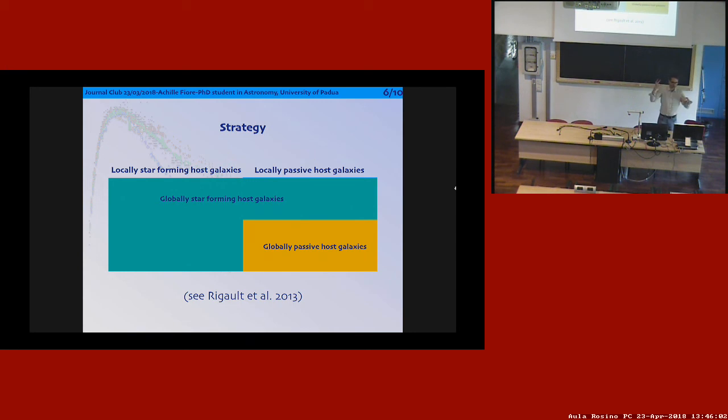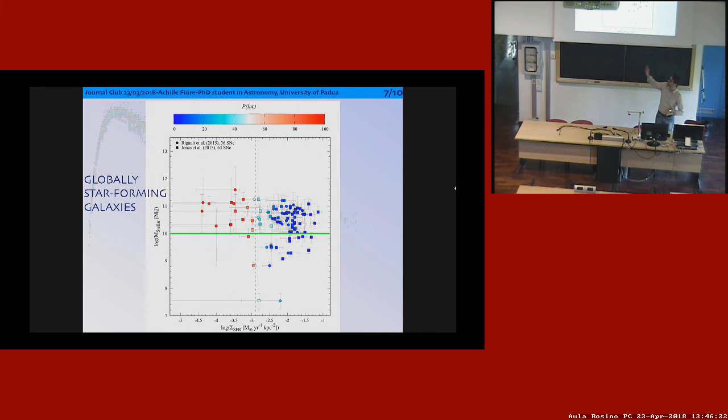And so a third parameter may allow us to disentangle between these two local subsamples, and to retrieve information about local properties by means of just global ones. So this is in numbers what I told you before.